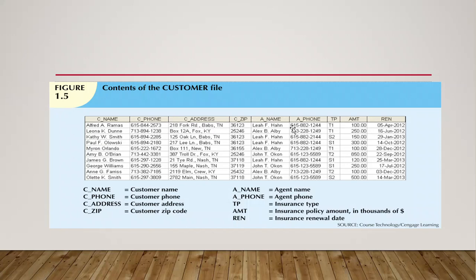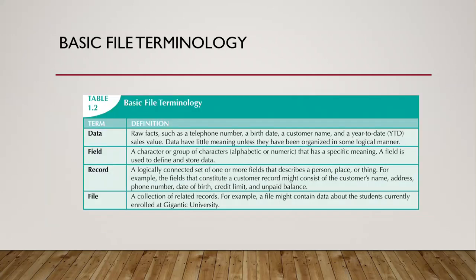The whole row, keseluruhan baris ni adalah one record. Leona K. Dunn, and the rest of the fields here. So the whole row here, keseluruhan baris ni adalah satu record.